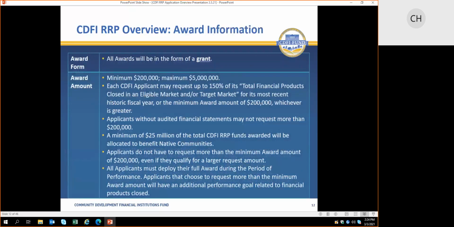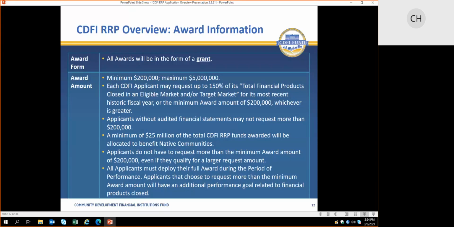One thing that is a little bit different between the RRP program and the CDFI program is that all awards will be in the form of a grant, which also means that no matching funds are required for this program. So again, no loans, no equity investments, only grants in the RRP.